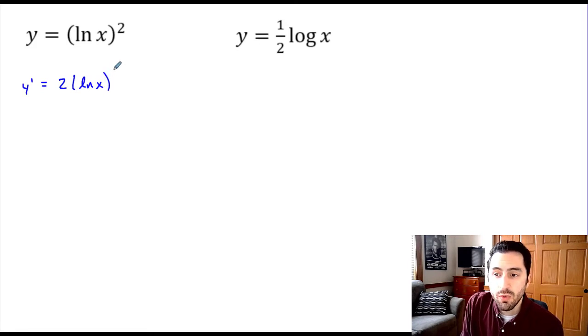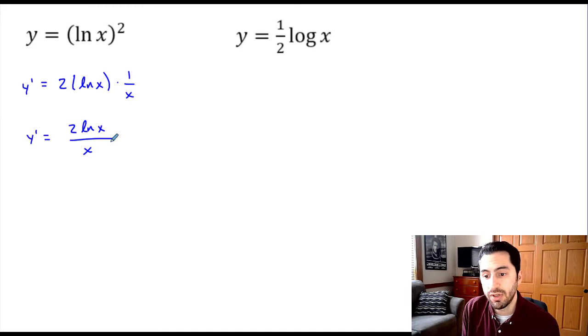We're going to subtract 1 from the exponent, but I'm not going to write the exponent of 1 here, we don't need to. And then we need to multiply this by the derivative of the inside. So the derivative of natural log of x, as we just saw, is equal to 1 over x. And just to rewrite this, we have 2 natural log of x all over x.